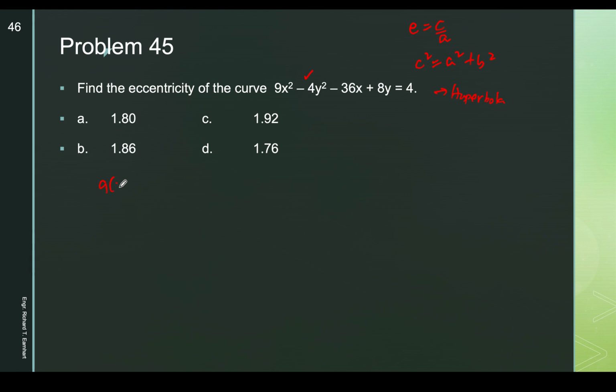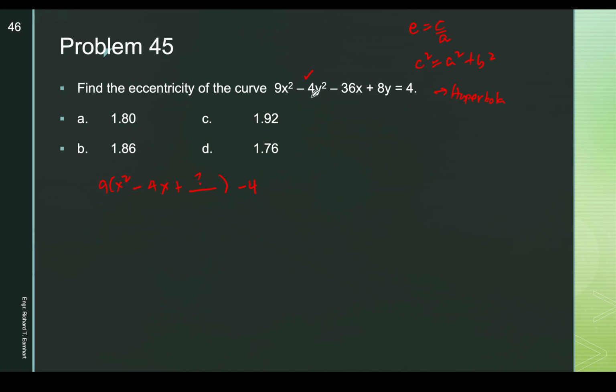Okay, but we have to factor out 9 here, and then we get 36 divided by 9, that will be 4x. Last we find the third term, so that this will be a perfect trinomial square.